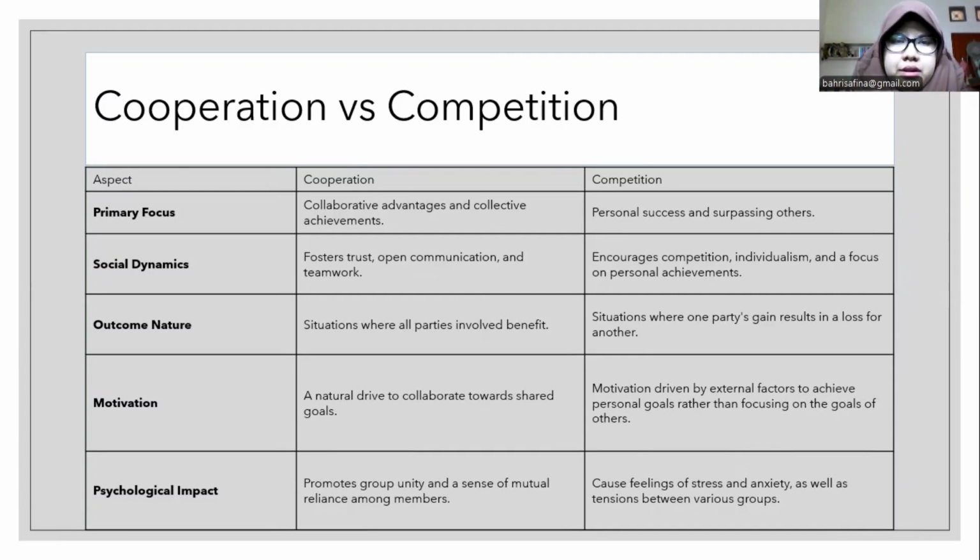As you can see, from this table, we can conclude that cooperation is more beneficial than competition because the members of the team learn how to depend on each other and see the other members as comrades and friends rather than enemies or rivals.